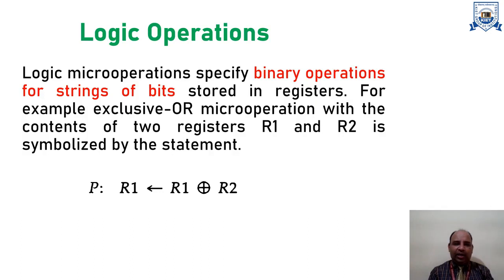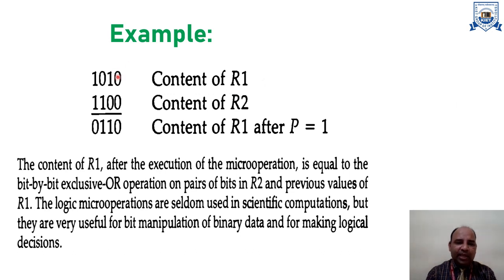Now let us try to understand this statement with the help of an example. We assume that the content of register R1 is 1010 and the content of register R2 is 1100. Now the individual bits of register R1 and register R2 will be exclusively ORed.